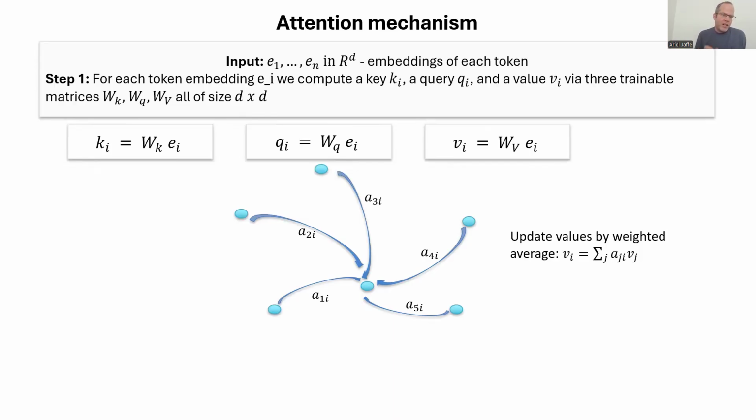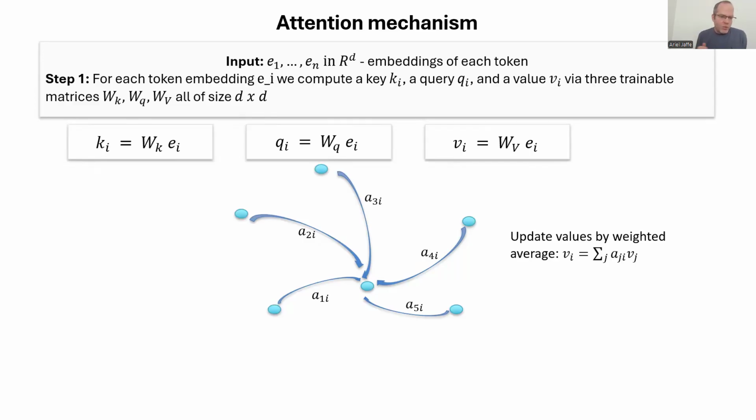So you have an edge from vertex i to vertex j, and this edge has some weight and a direction. Here in our case, every vertex corresponds to a single token, and the weight is a function of the inner product between the query and the key.